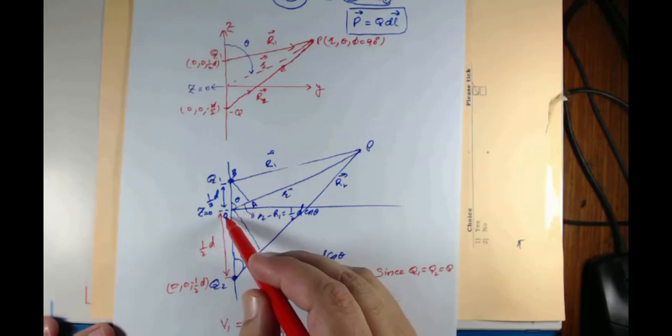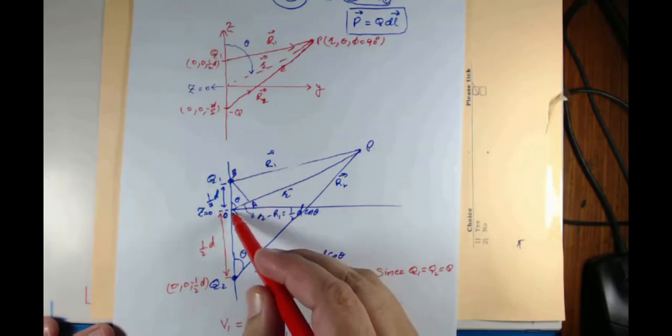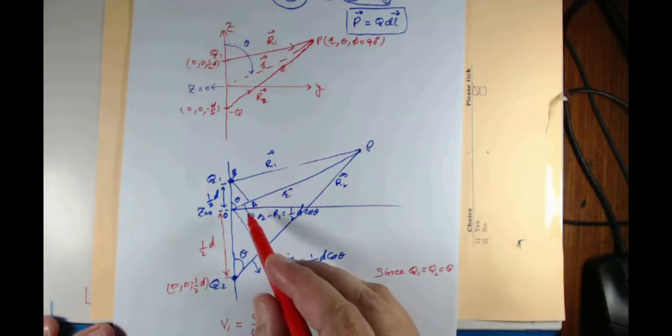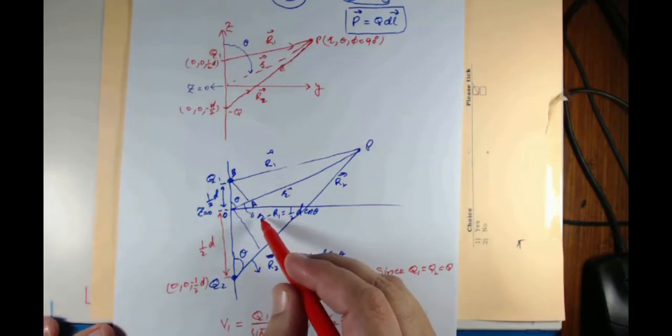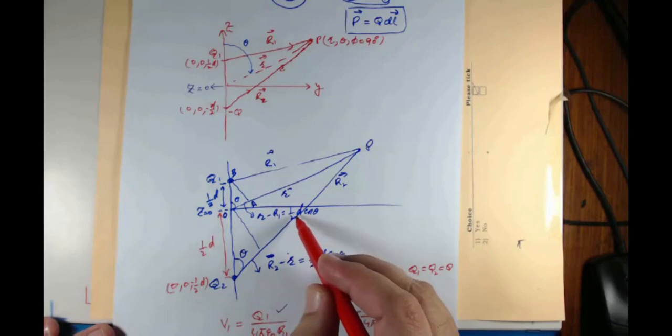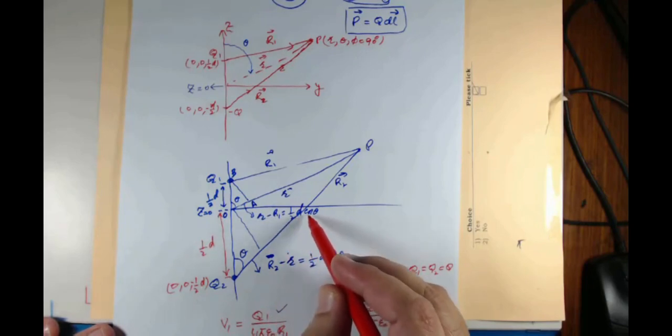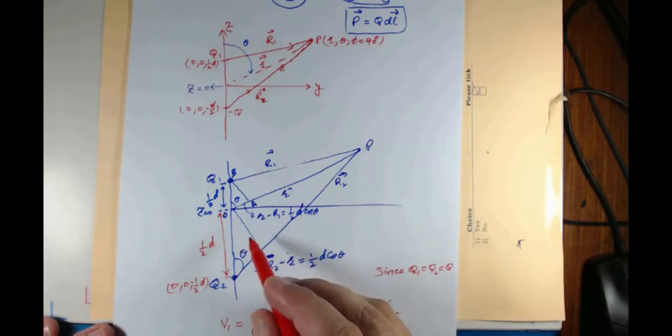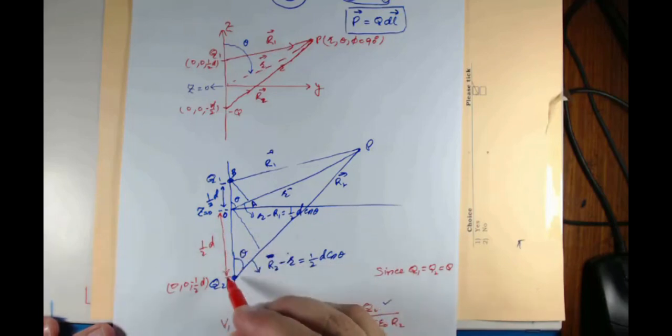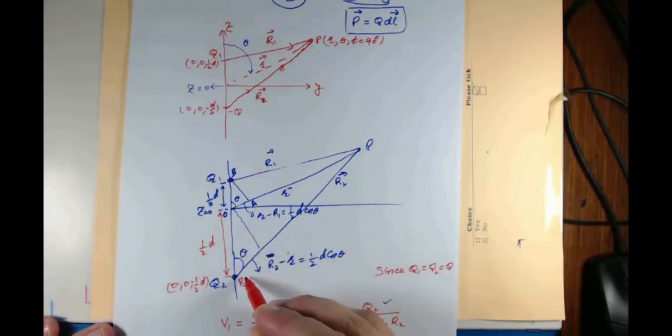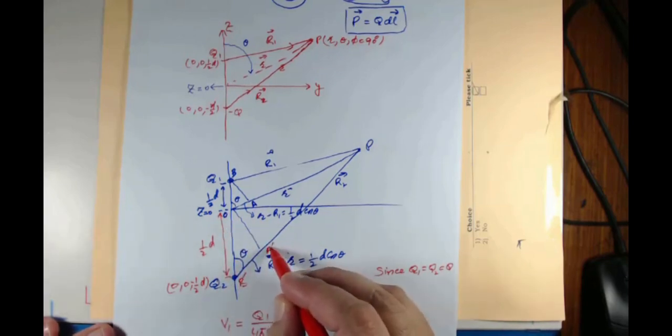let us consider the triangle OAB. So one can obtain that r minus R1 equal to 1 upon 2 d cosine theta. Similarly, consider the triangle OB prime and A prime.